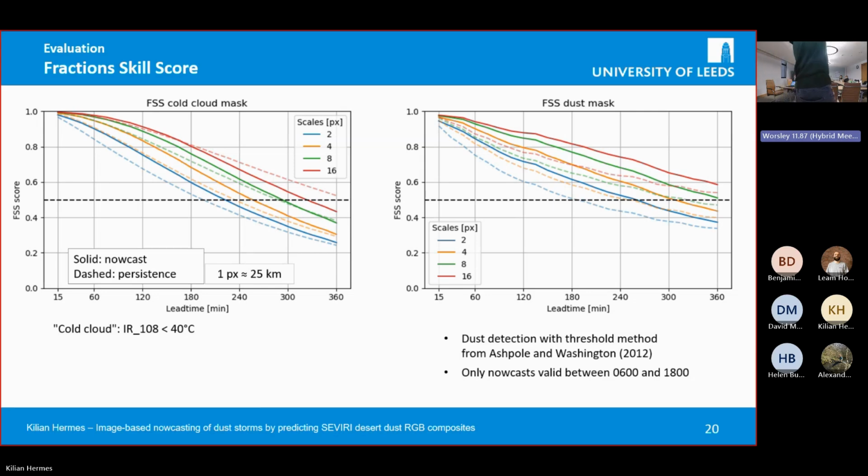For the very coarse scales it's actually around 3 hours, but for the intermediate scales we get something between 4 and 5 hours. So it's definitely more skillful than simply looking at the last observation for cold clouds. And for dust, that looks even better. So there's some value in looking into projected RGB imagery.